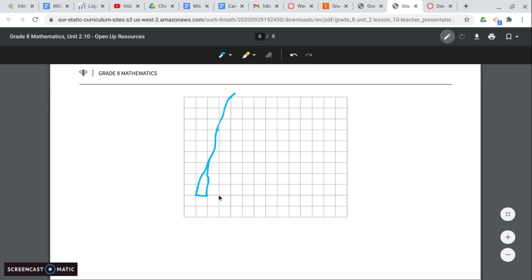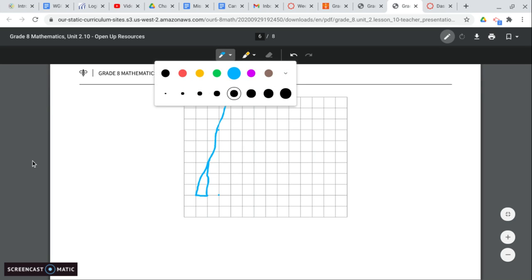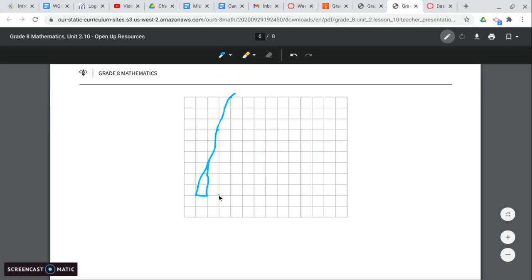Now, if we do it again, here's our starting point. I'll make these a little bigger so you can see them better. Here is our starting point, just like this was our starting point. We go up 1, 2, 3. We have a vertical height of 3 and a horizontal height of 1 to get a slope of 3. We go up 1, 2, 3 again and over 1.